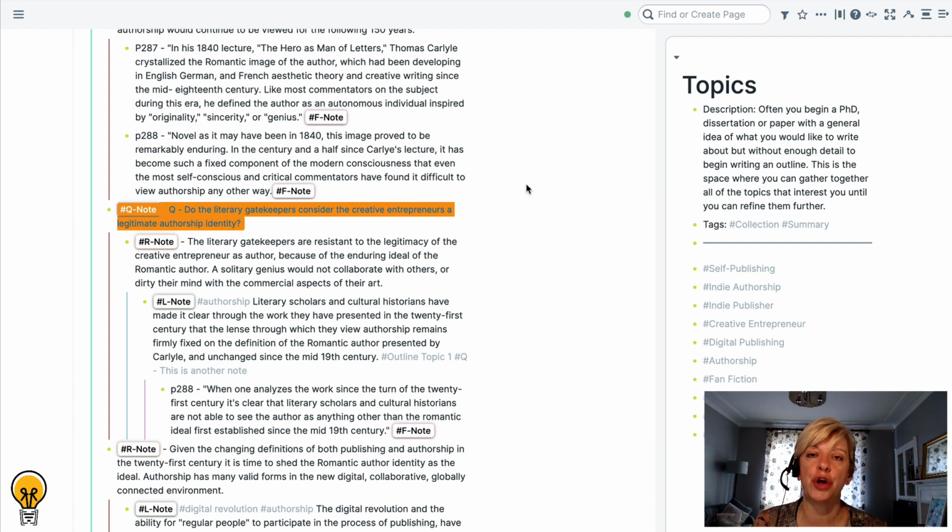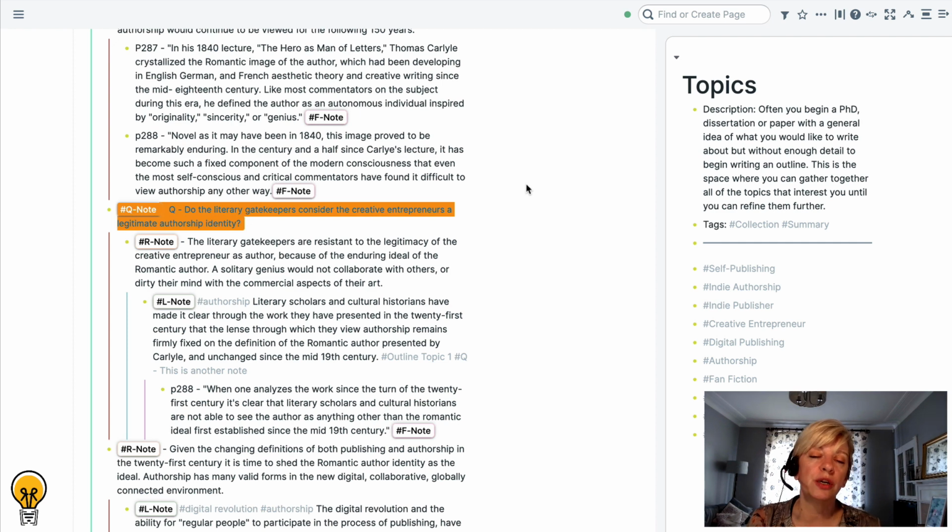So the question note is the beginning of an evergreen note. The question note says that you have something that you're not quite sure you could put out there as a robustly researched thesis statement, but you think you might be getting there. And so you want to collect everything onto a page.